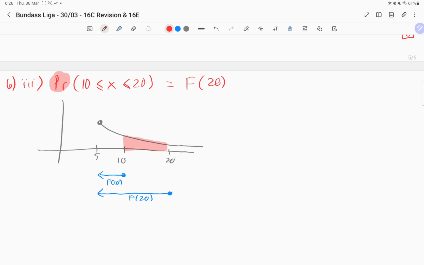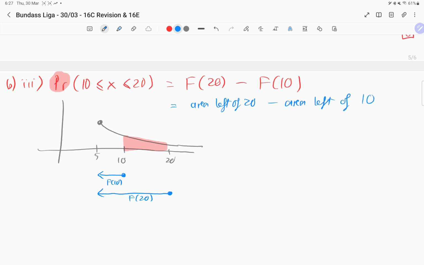You find F of 20, then minus F of 10. Yes, that's right. That's it. Make sense? So nominally this is area left of 20 minus area left of 10.